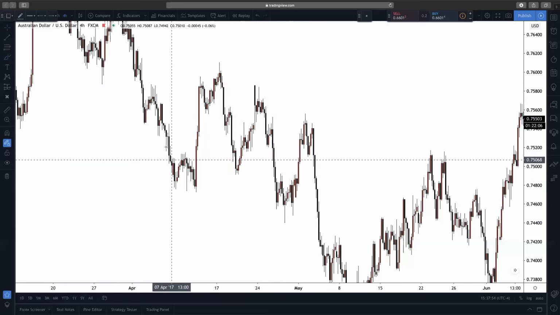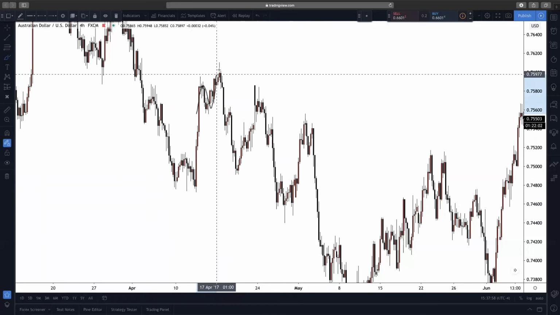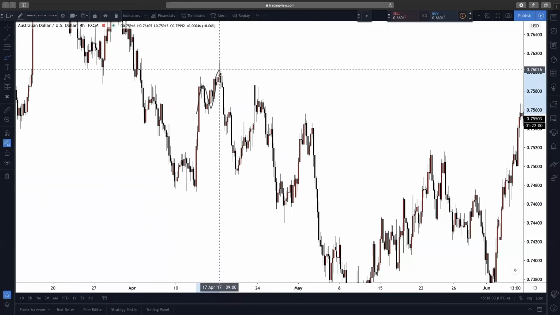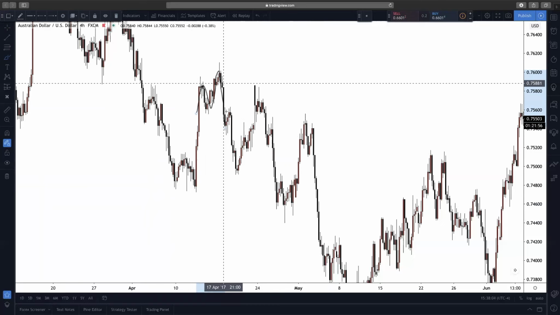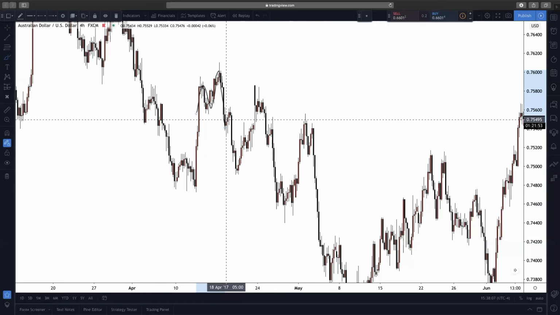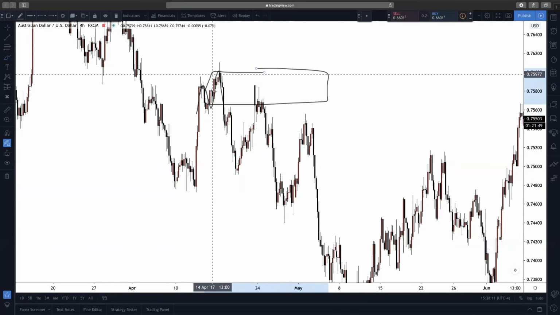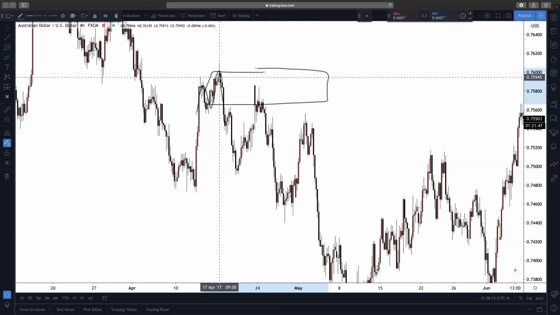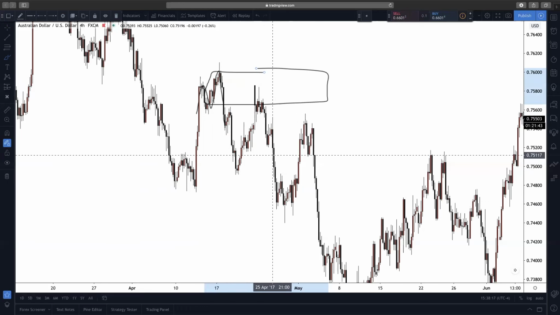So we continue this sequence, right? So we have a higher high and then a lower low. Once you see this kind of happen, a break of structure, this is your area of interest now. Where structure was broken, it's likely to come back, retest, and then continue, right?